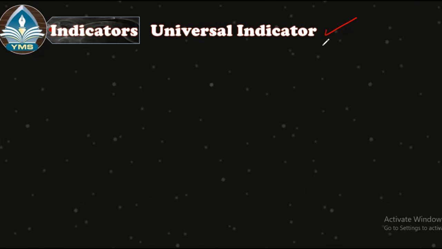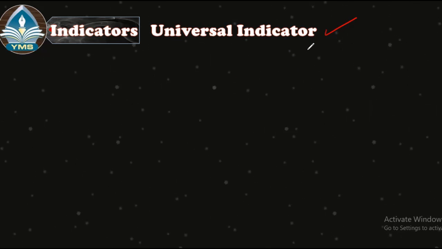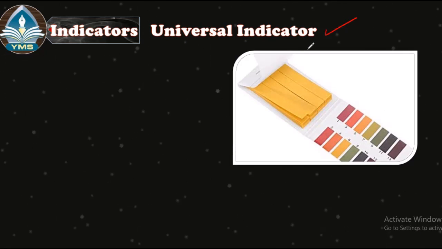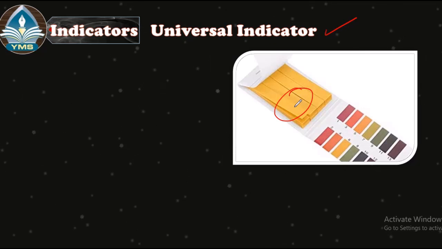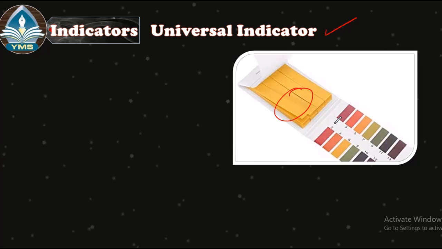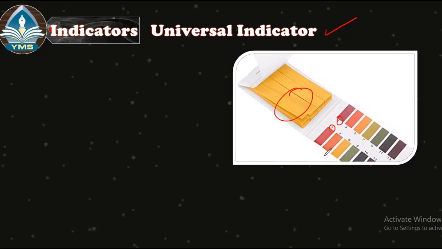It gives us a color, then we match the color with the pH number, and then we know if it is a strong acid or a strong base, a weak acid or a weak base. Look, these papers, we're going to dip them in the medium, then we're going to see these numbers, 1 2 3 4. We're going to match them, then we'll say it's strong or weak.